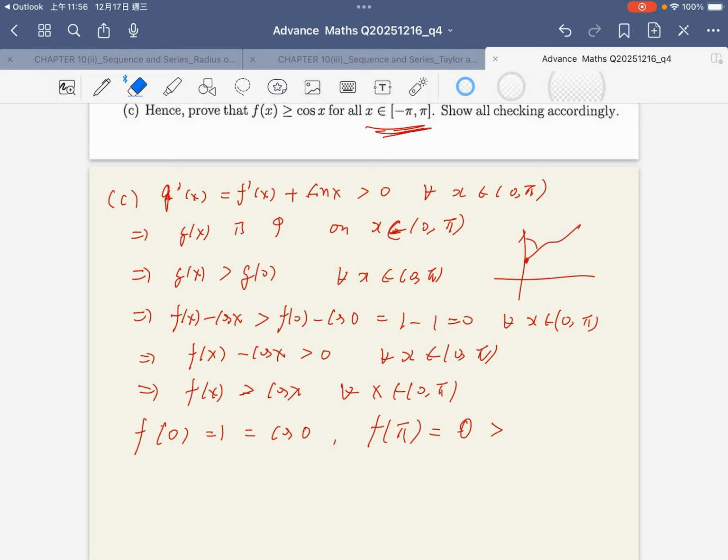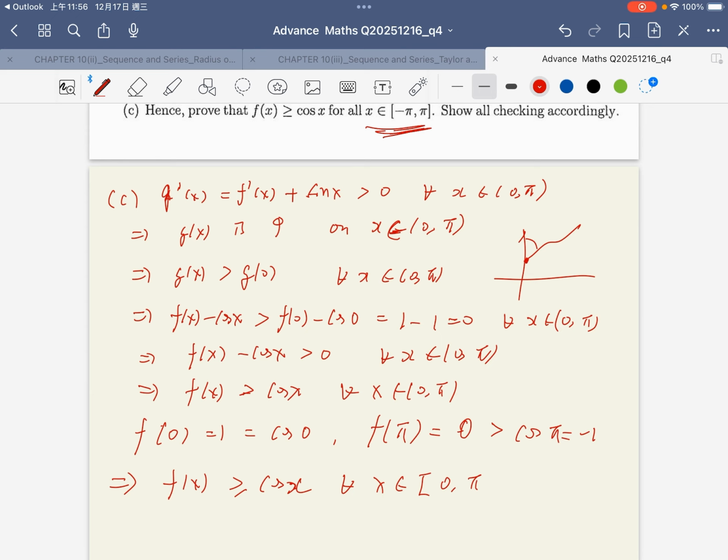Cosine pi equal to -1. Then we can see that f(x) greater than or equal to cosine x for x belongs to the closed interval 0 to pi.